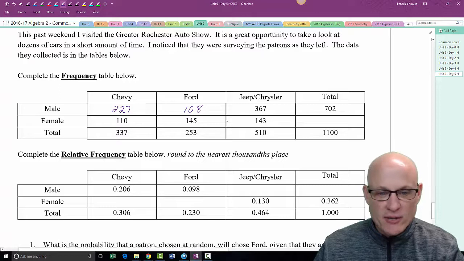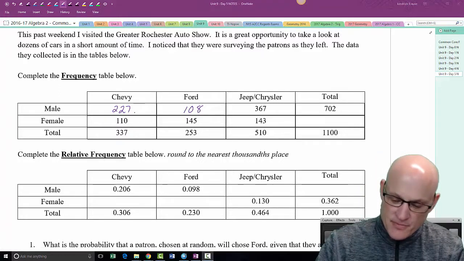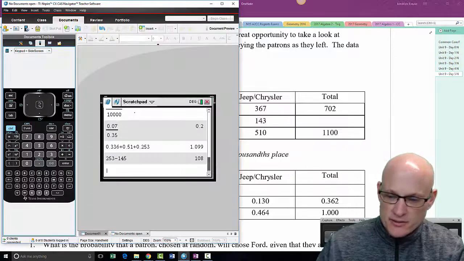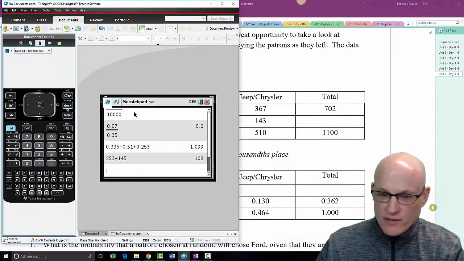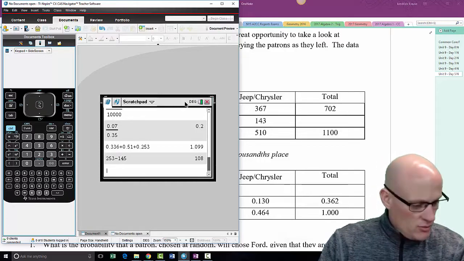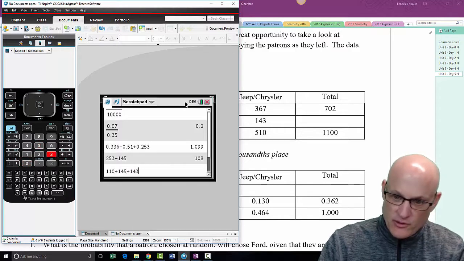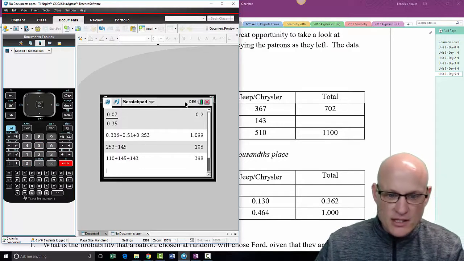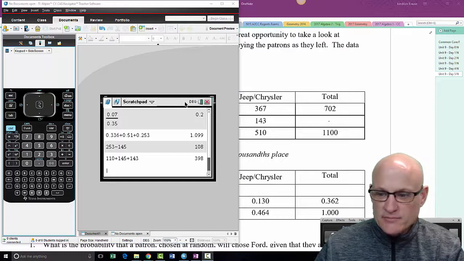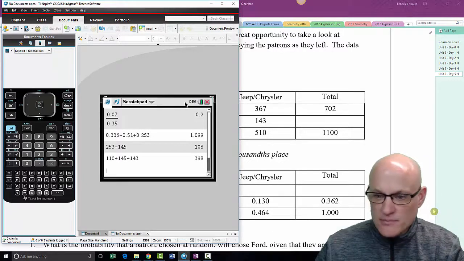I already have these numbers, so the only thing I have left to do is fill out this number, which is 110 plus 145 plus 143, equals 398.